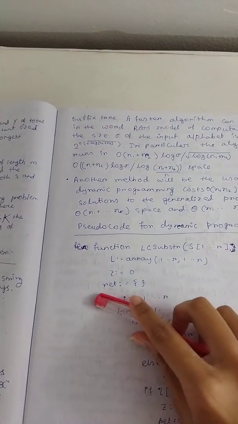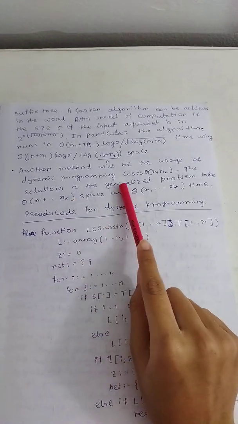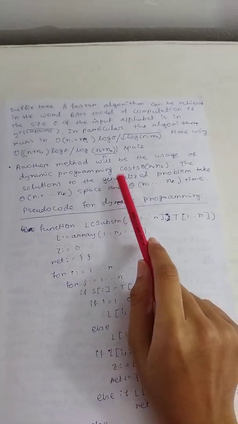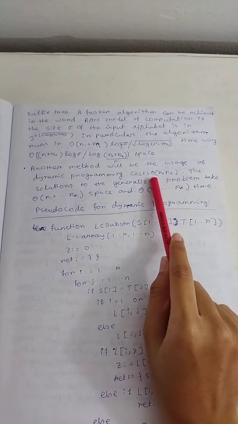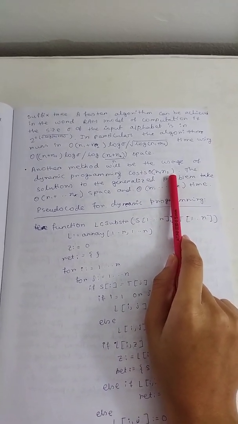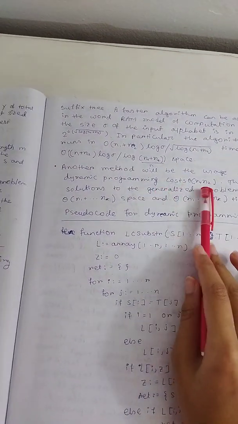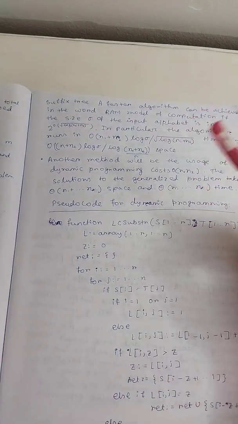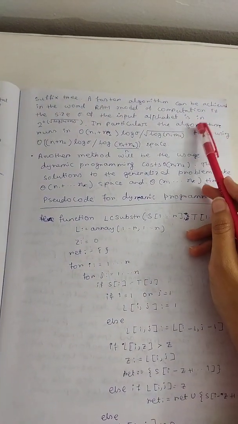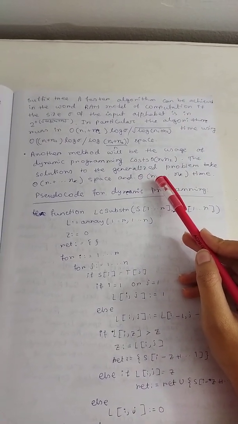There is another method, which is dynamic programming, but it will cost order of n1 into n2, so you can say order of n square. That is why we are not taking this approach, because the suffix tree is more efficient: it takes order of n, but dynamic programming takes order of n square.